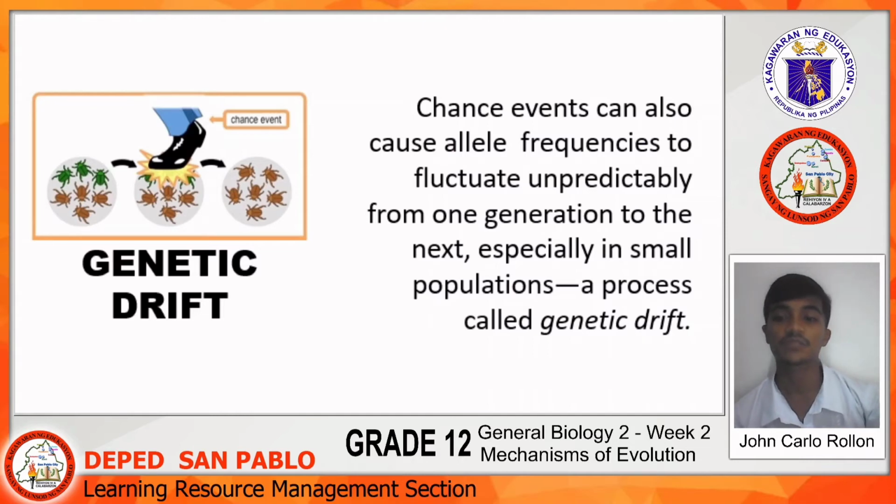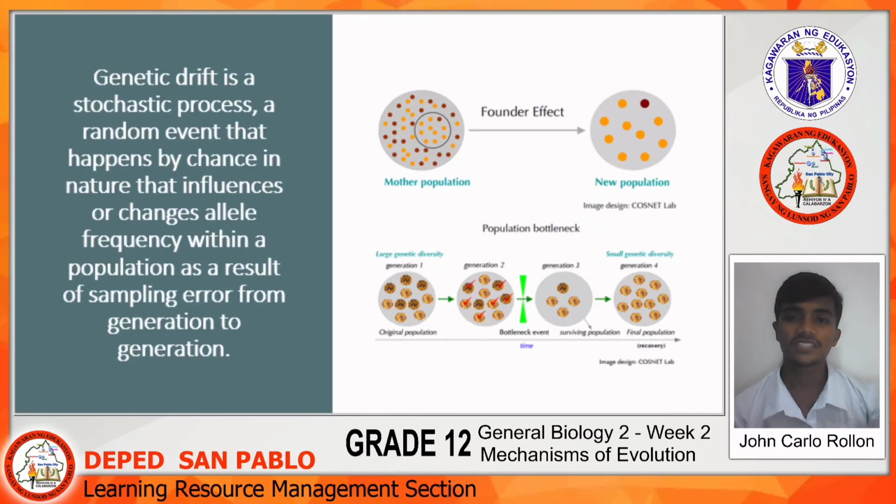The effect of genetic drift is larger in small populations and smaller in large populations. Genetic drift is considered to be a stochastic process, or a random process.